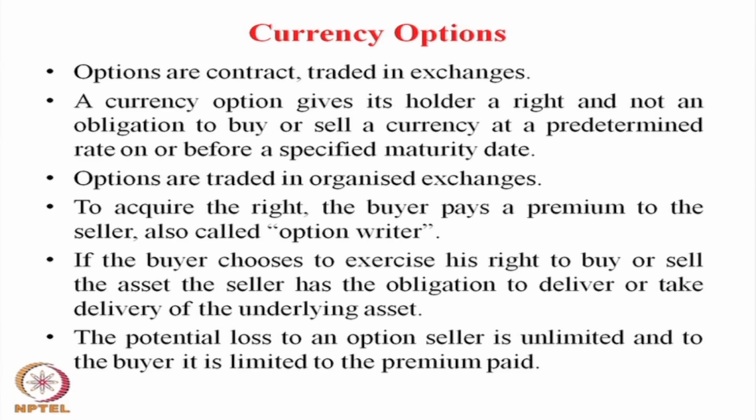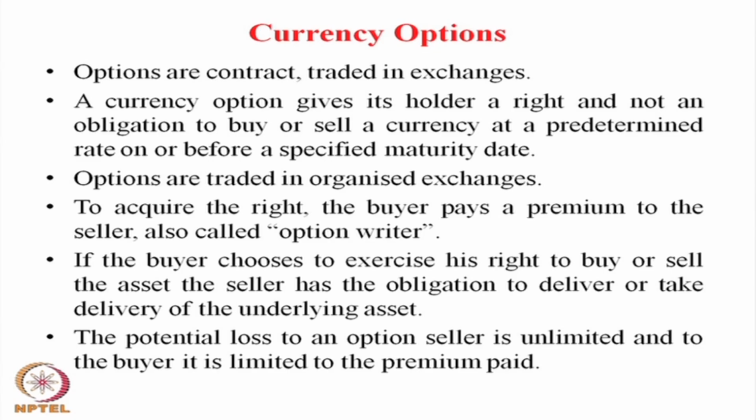If the buyer chooses to exercise its right to buy or sell the asset, the seller has the obligation to deliver or take delivery of the underlying asset. When the options buyer gets the right, the options seller gets the obligation, the obligation to adhere to the right of the options buyer.